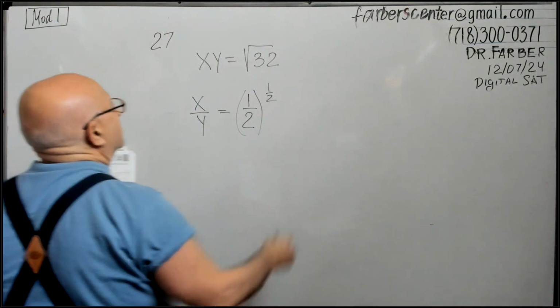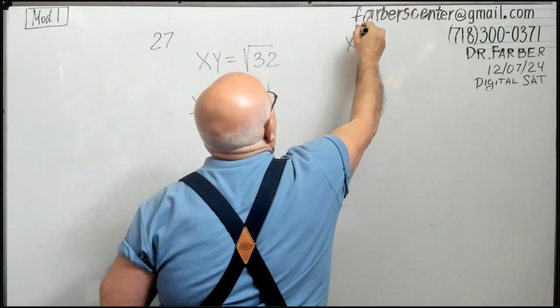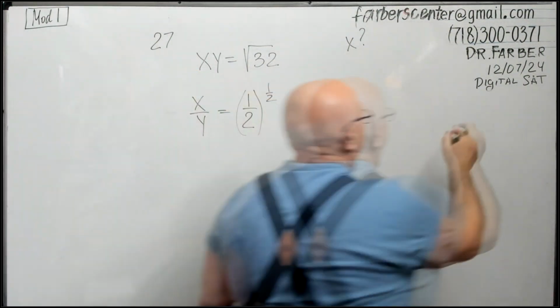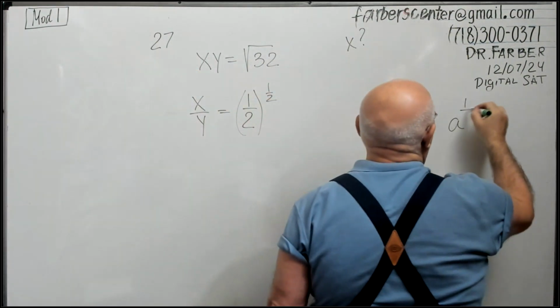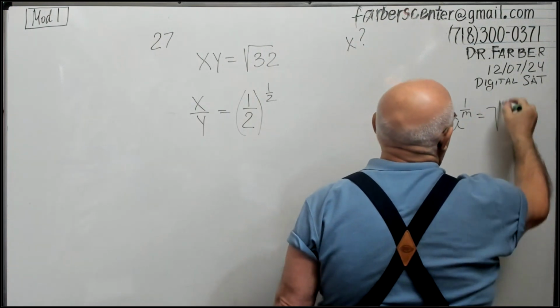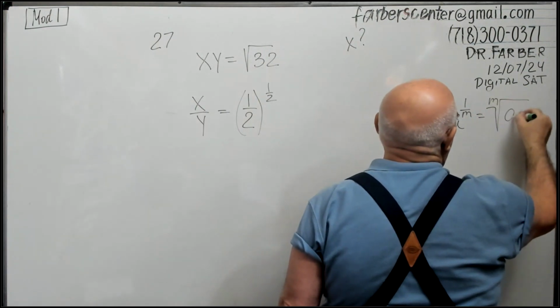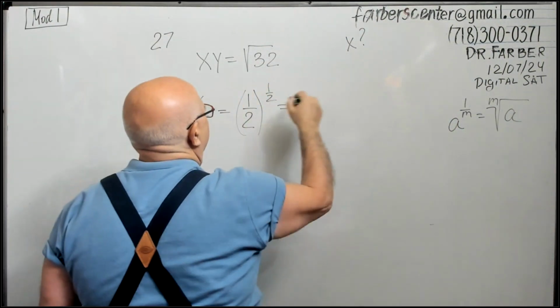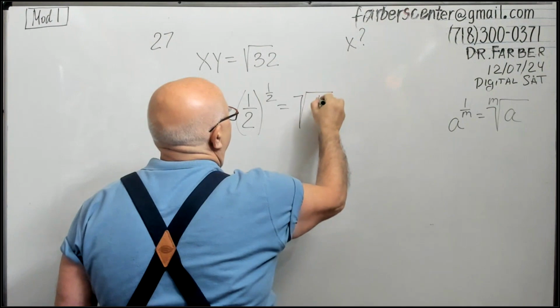What is the value of x? You remember the formula, for instance, a to the power 1 over m is the same as the m-th root of a. So I can write it the same as the square root of 1 over 2.